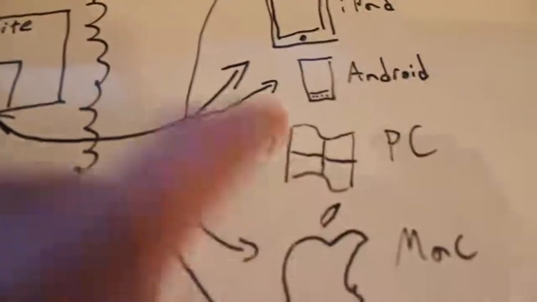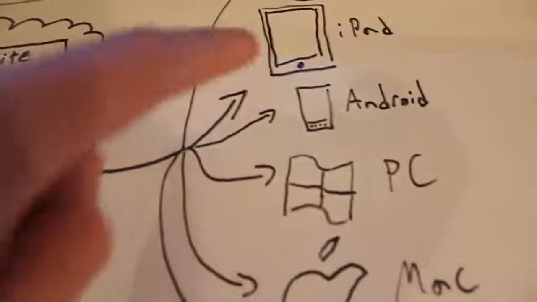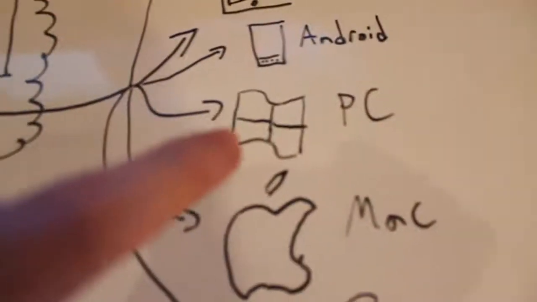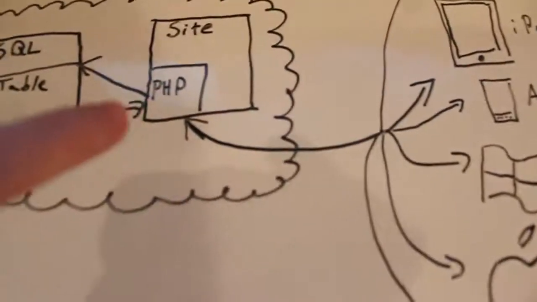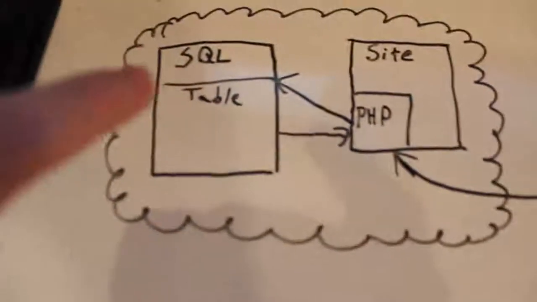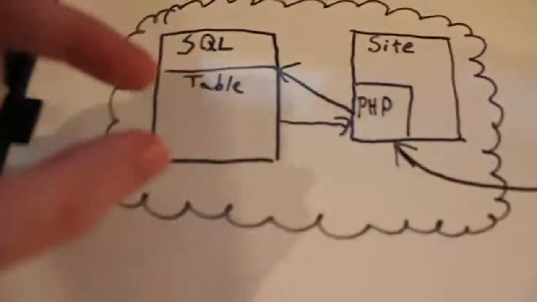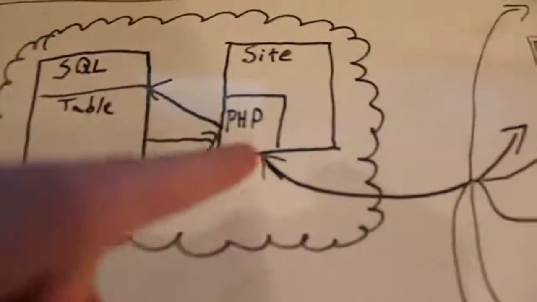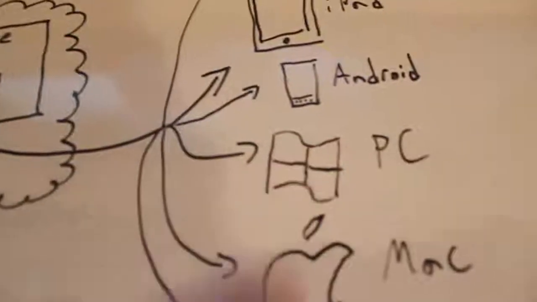And if you're retrieving it on a different device, like you're going from iPad to PC, you send off the save, it gets saved, then you load up the PC version, you send a request for the save data, so it goes off again, goes to the PHP script, which goes to the SQL, it grabs the data from this table, sends it back to the PHP script, which goes back to the PC build, and you can continue running.